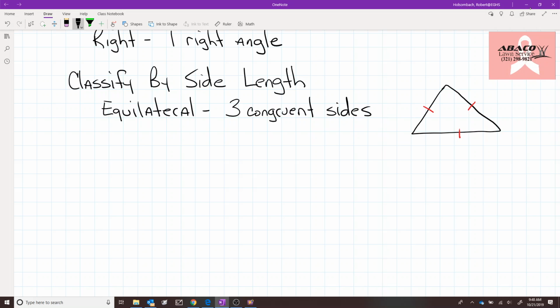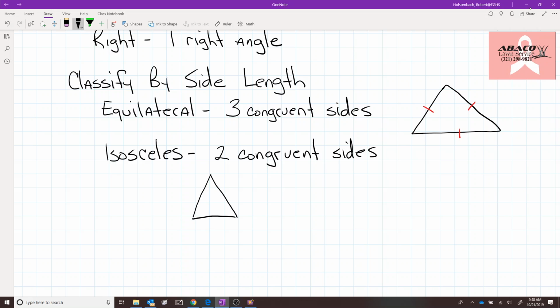Isosceles triangle. In an isosceles triangle, two of the sides are the same. So there's a triangle with two congruent sides.